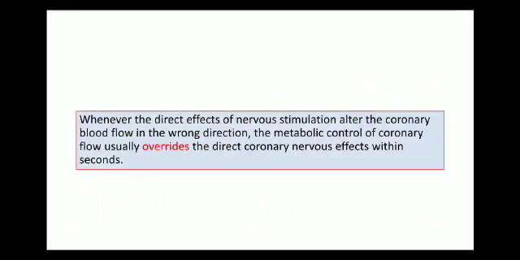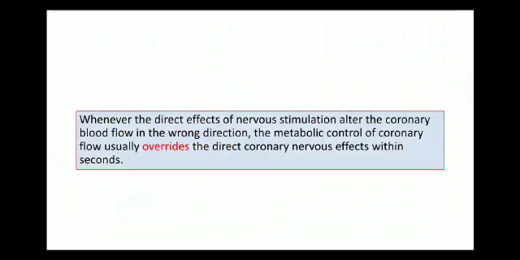So what will happen if there is a fight between the nervous regulation and the metabolic regulation? Who will win? Whenever the direct effects of nervous stimulation alter the coronary blood flow in the wrong direction, that means maybe you want to increase the blood flow, but there is vasoconstriction because of the release of epinephrine, who will decide? We cannot leave everything to the autonomic nervous system.